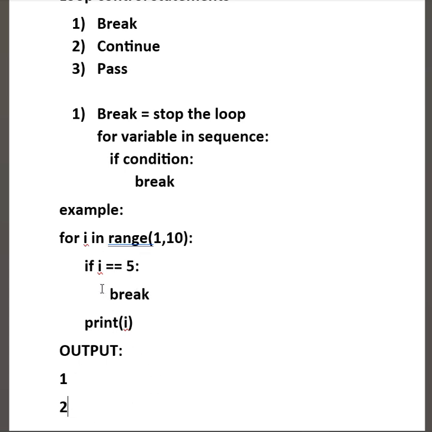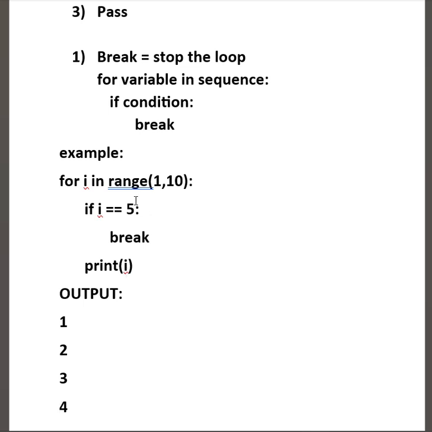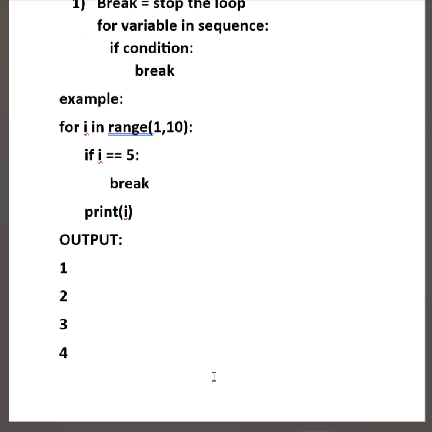Next, 3, 3 is not equal to 5, so 3 will be printed. 4, 4 is not equal to 5, so 4 will be printed. Next, 5, 5 equal to 5, condition is true, immediately it goes to the next line, so break, that's it. This is the example.